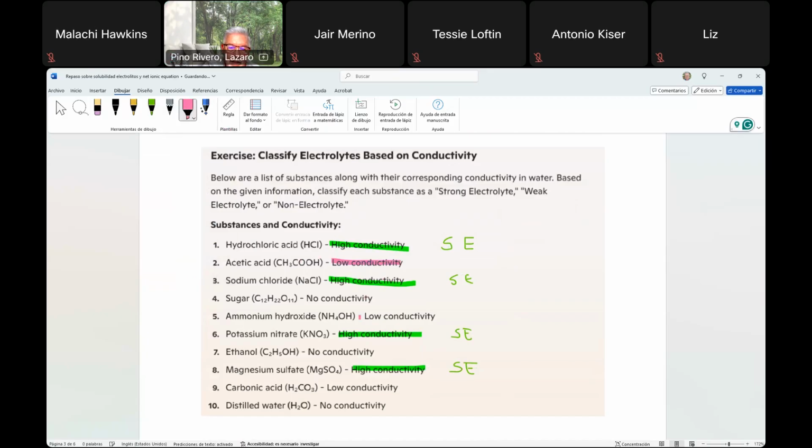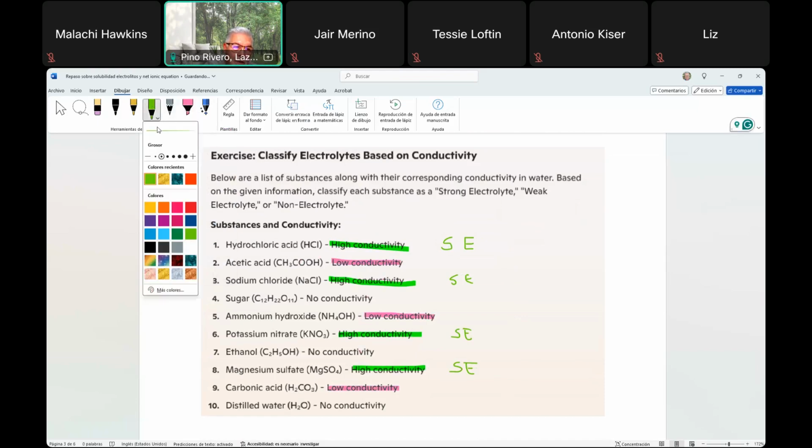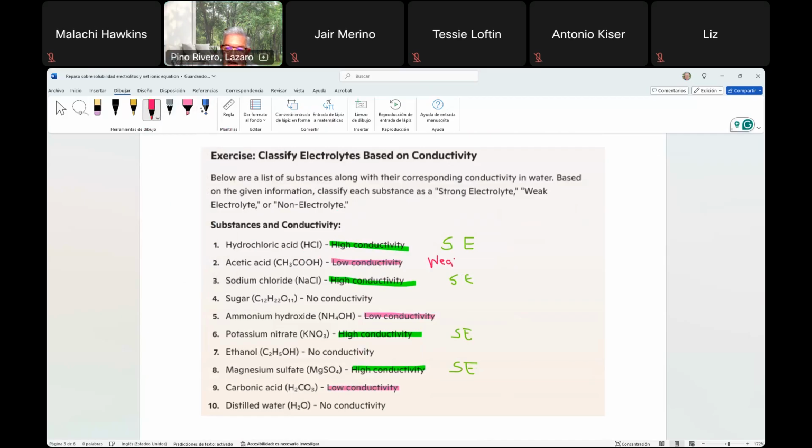Then when we have low conductivity, we say that the compounds are weak electrolytes. This is a weak electrolyte, this is a weak electrolyte, this is a weak electrolyte.